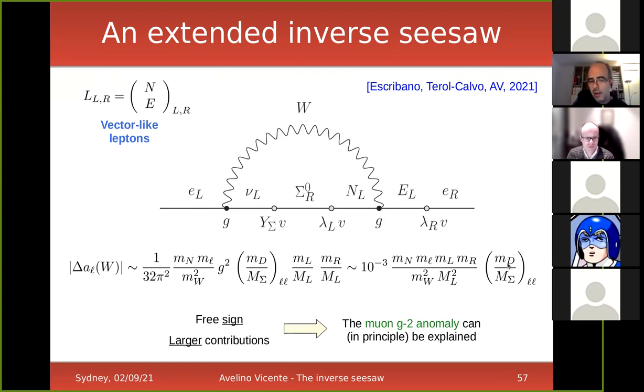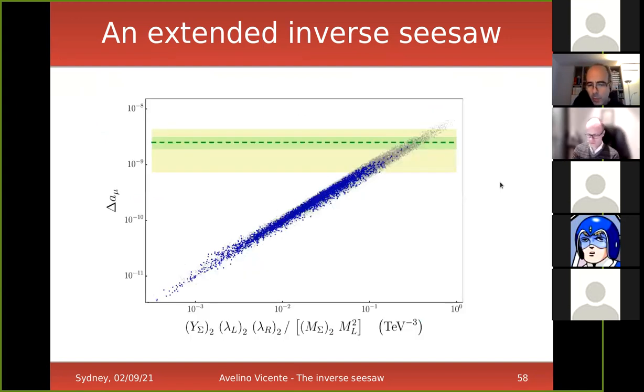All in all, and now I will show you a plot, and I will conclude with that, you can explain the G-2 of the muon more or less easily. So this is the plot that I wanted to show you. You see that in principle, if you plot this observable, the contribution to delta mu as a function of this particular combination that enters the diagram.